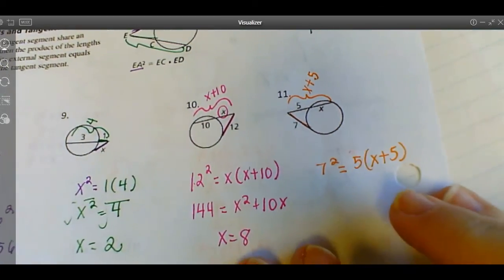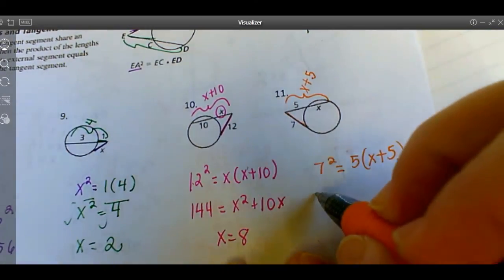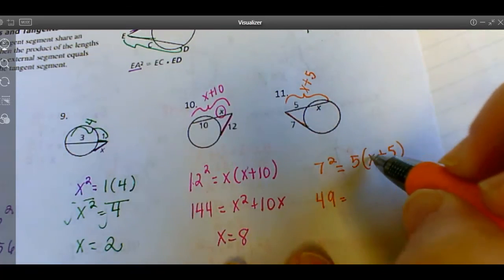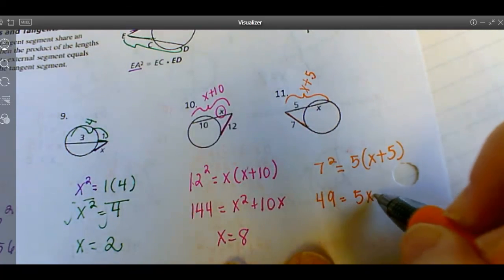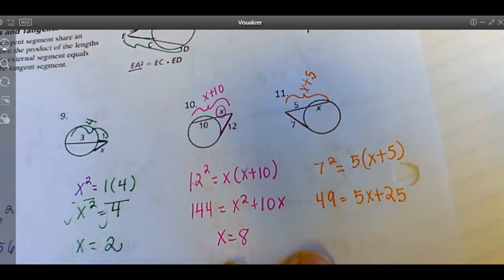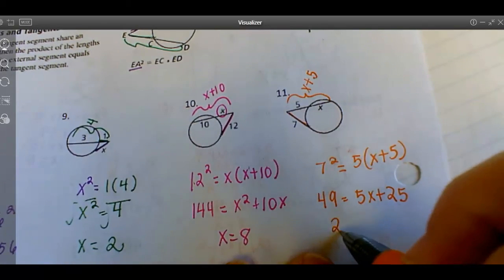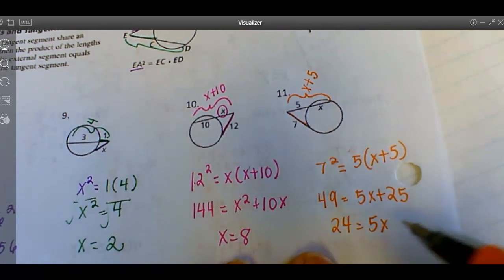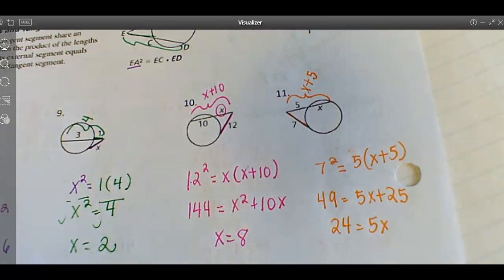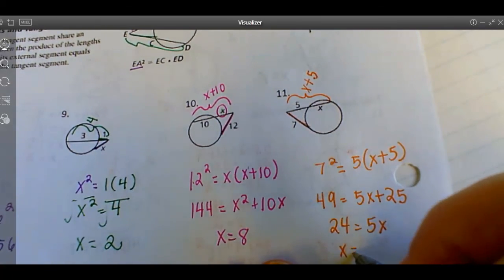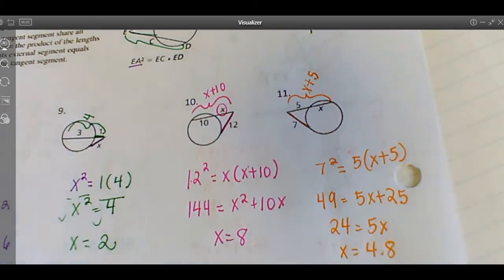This is a good one. 7 squared is 49. 5 times each of those is 5x plus 25. You're going to subtract 25 on both sides, and then divide by 5. We're going to get a decimal, and that's okay. So we get 4.8.